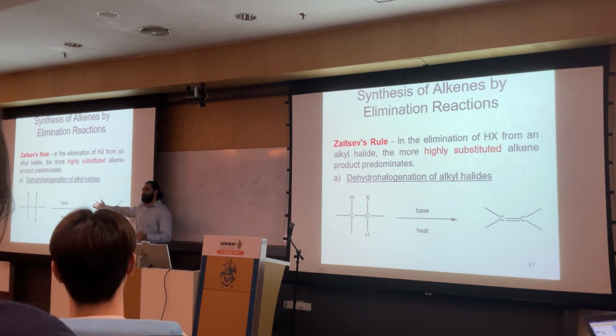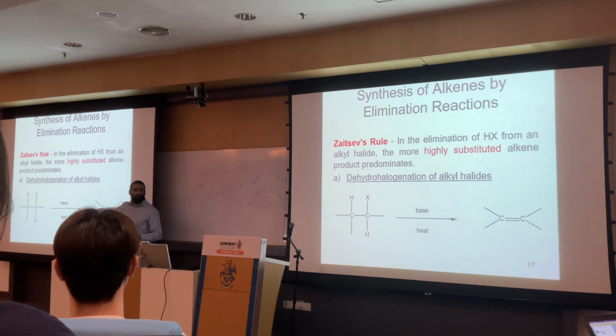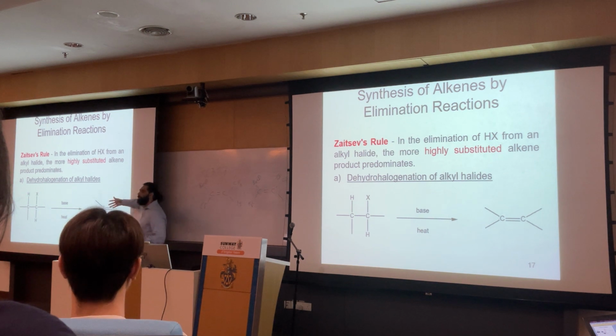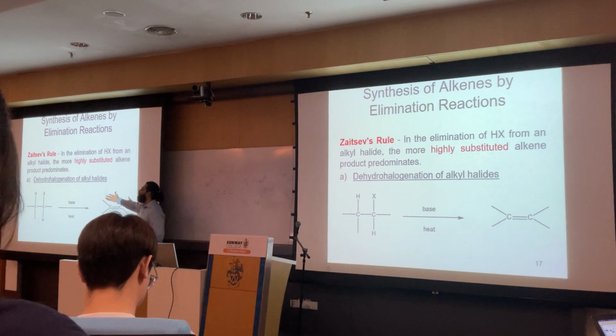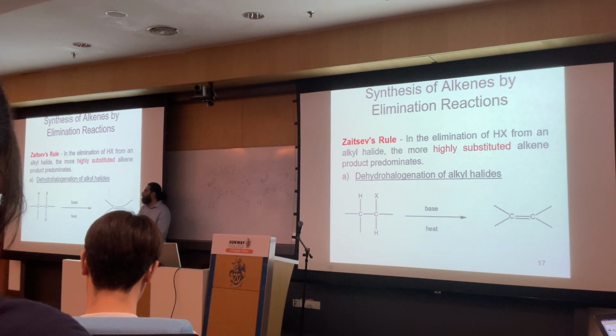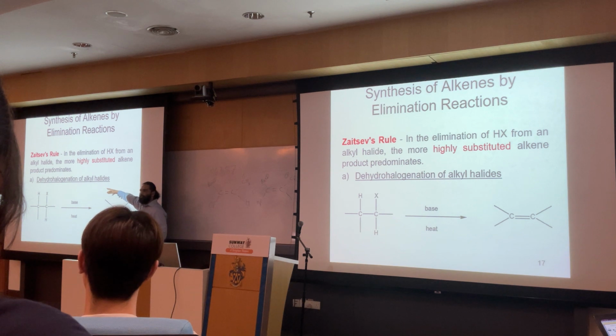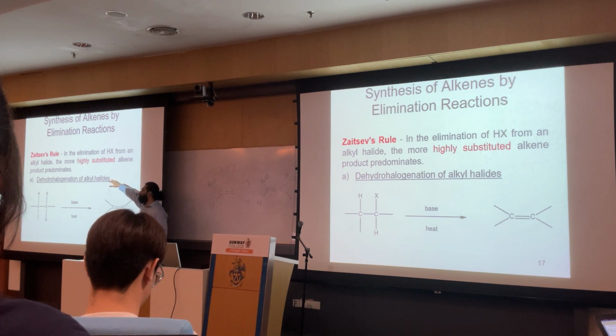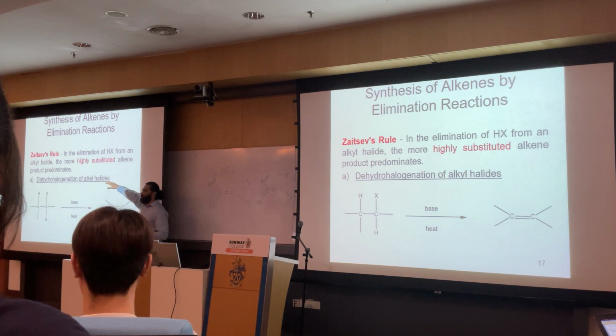Of course, this has something to do with the previous slide, because more substituted in most cases means more stable, right? So this has to do with stability. Once we look at the structure and the mechanism, it will all make more sense. But for now, can you appreciate that Saytzeff, probably dead by now, so I should call his name with some respect.